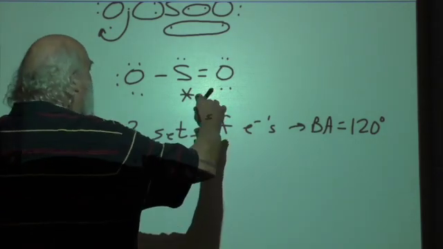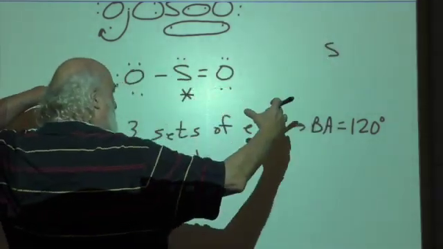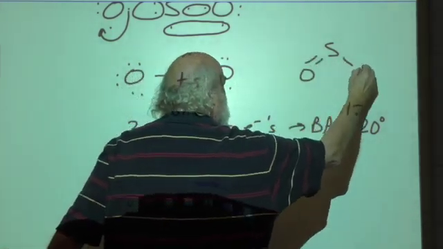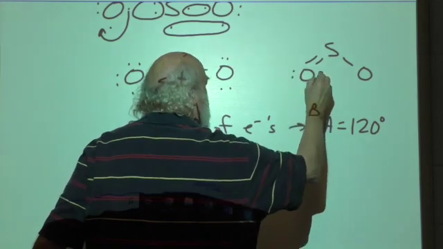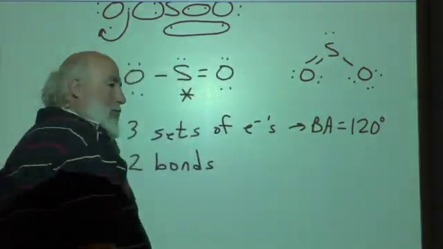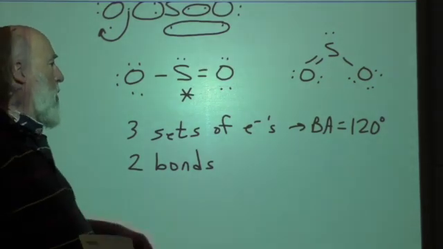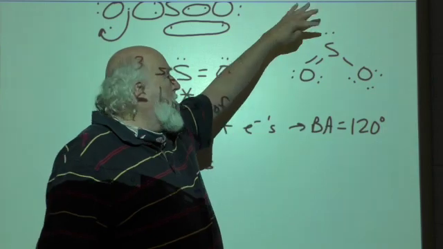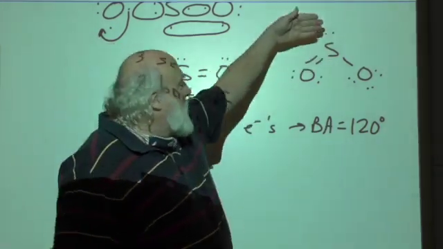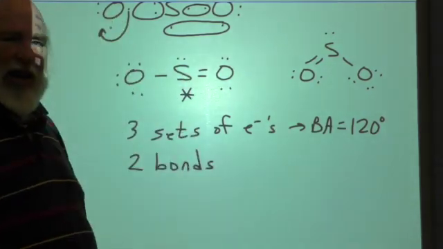Now remember, this structure, because of the 120 degrees here, is going to look something like this. Right? So, if you had something attached here, that'd be triangular, but there's nothing there, just a pair of electrons. You don't see anything. So what you see here is a structure that is not linear.